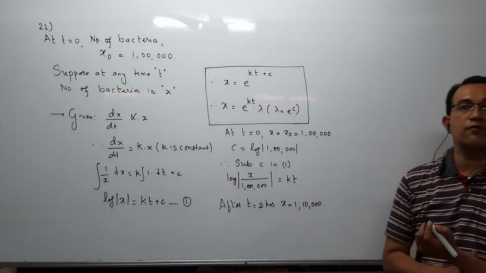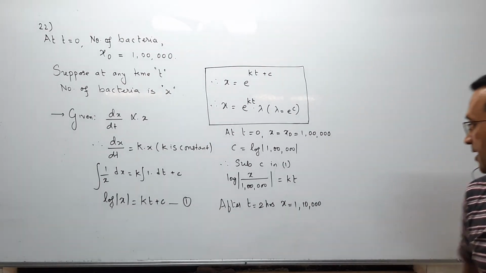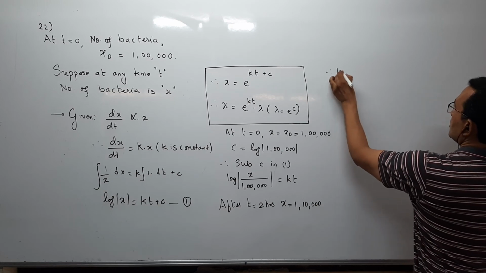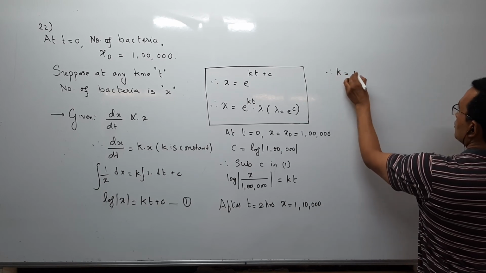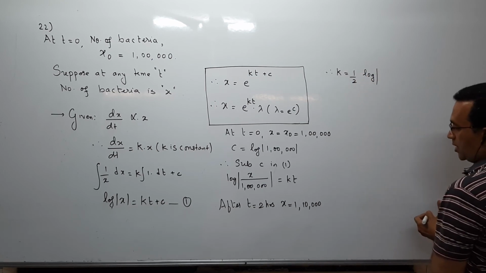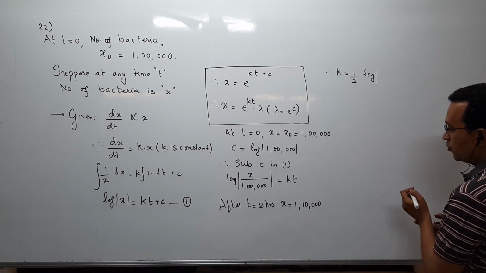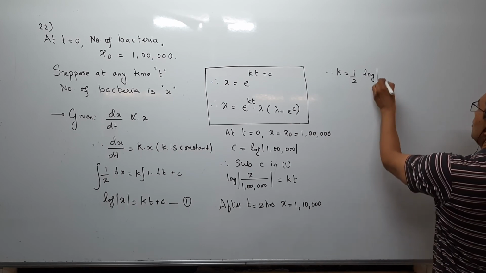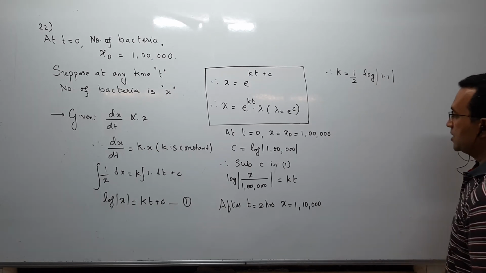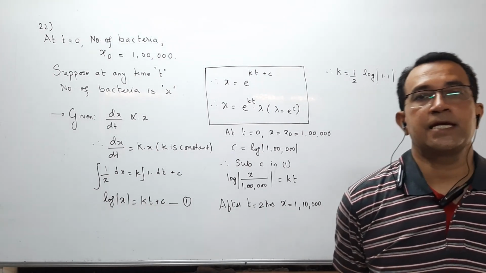So 10% of 1 lakh is 10,000. So the number of bacteria will be 1 lakh 10,000. Therefore, k is equal to 1 by 2 log 11 upon 10. These 4 zeros get cancelled. So log mod 1.1. This is, students, the answer for k.